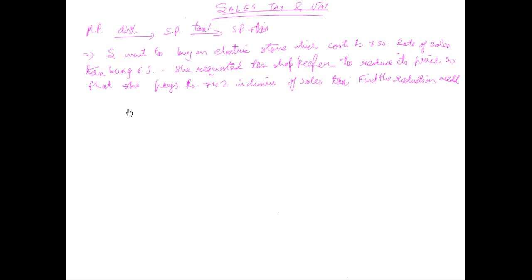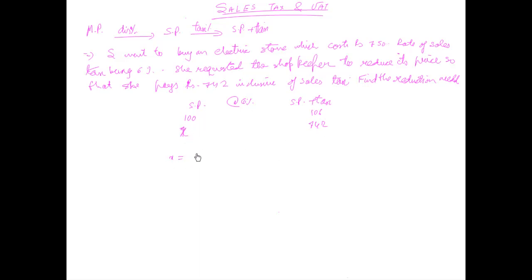So children, she wants to pay 742 including sales tax. So selling price plus tax at the rate of 6%. Selling price 100, selling price plus tax 106. If this value is 742, how much is this? We'll cross multiply, children. So let's take it as x.